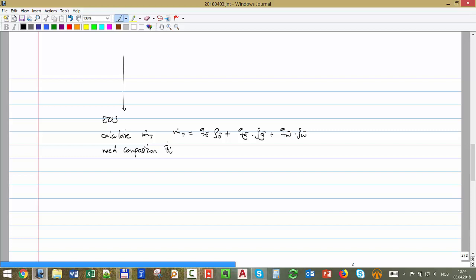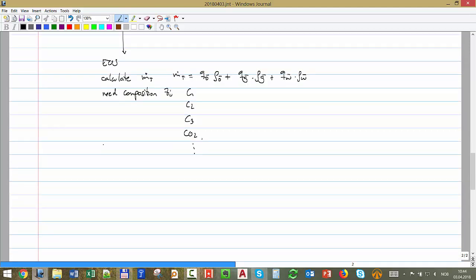We need the molar fraction of each component: C1, C2, C3, CO2, etc. All the components that are in the stream. Then when I have that, I actually perform a flash calculation at that particular pressure and temperature, at P and T.